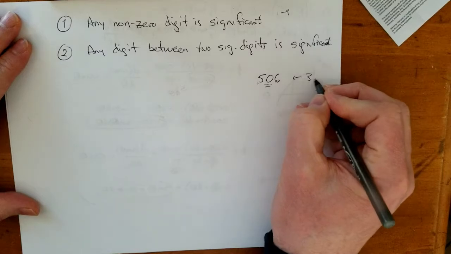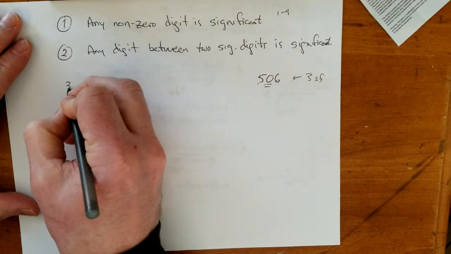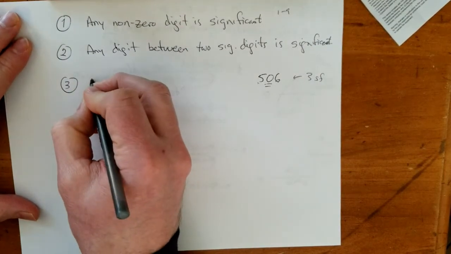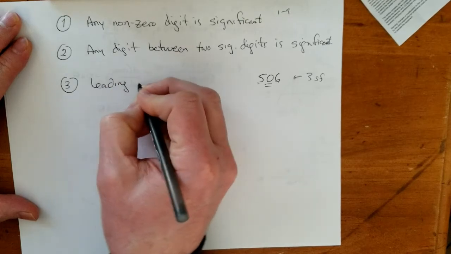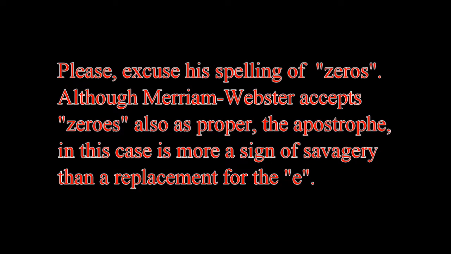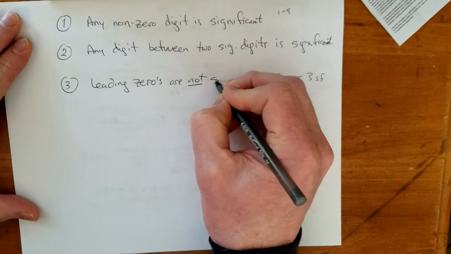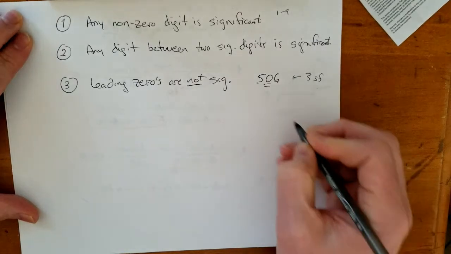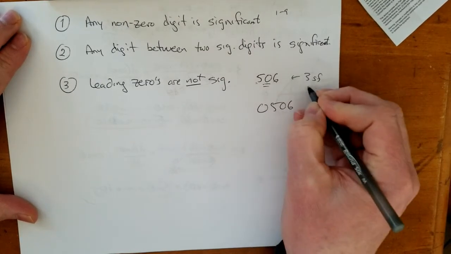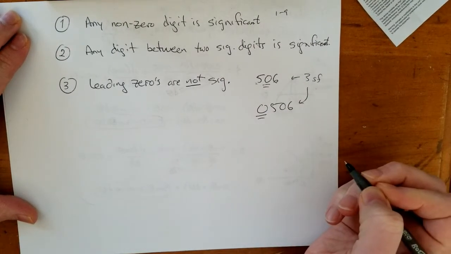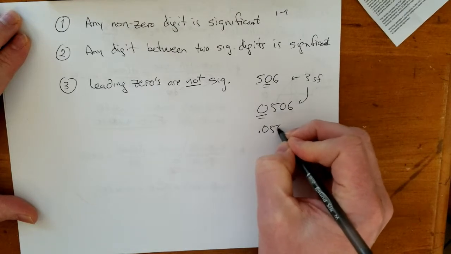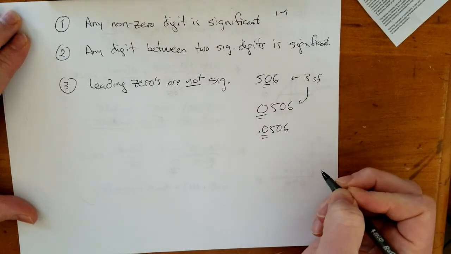So this would be 3 sig figs. 3, leading zeros are not significant. So 0.506 is still 3 significant figures because the leading 0 doesn't count, or 0.0506, that 0 is still not significant because it's leading.